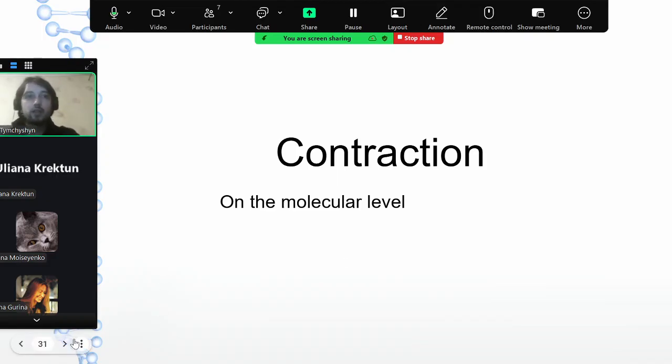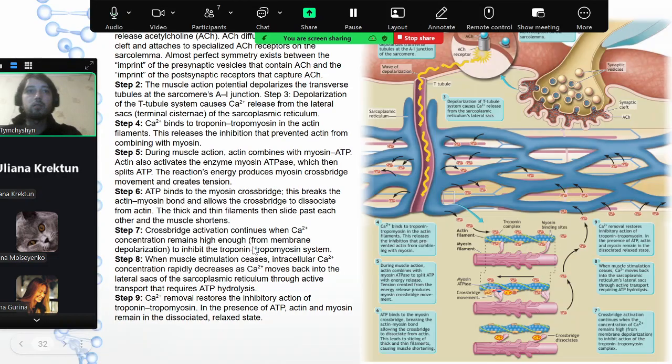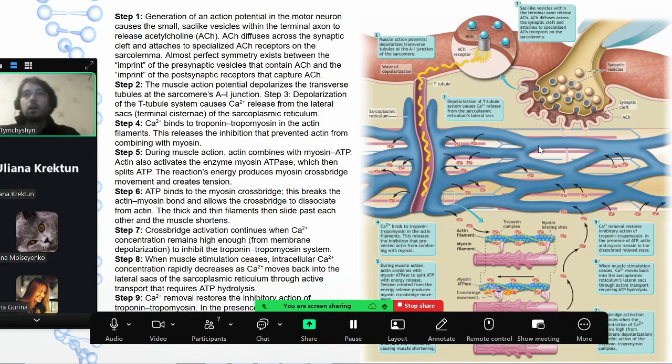Okay, let's get to the contraction on the molecular level. So here is the scheme, once again, of what is happening at the neuromuscular junction, and where we are all going.